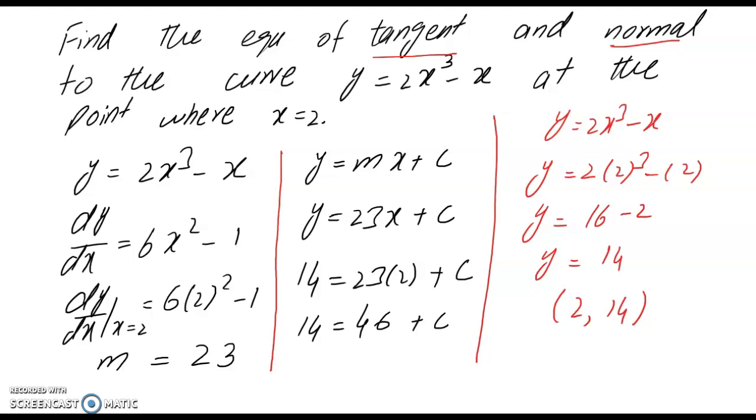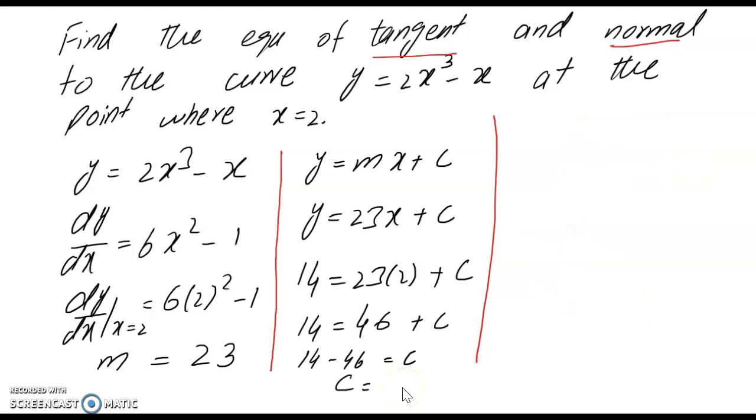So 14 minus 46 is equal to c. So c will be negative 32. Once c is negative 32, we are able to know the equation, which is y is equal to 23x minus 32, because c was missing in this equation.